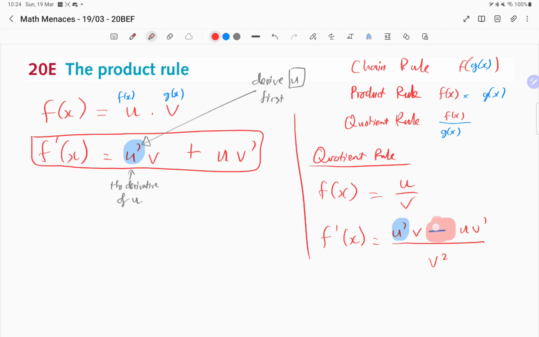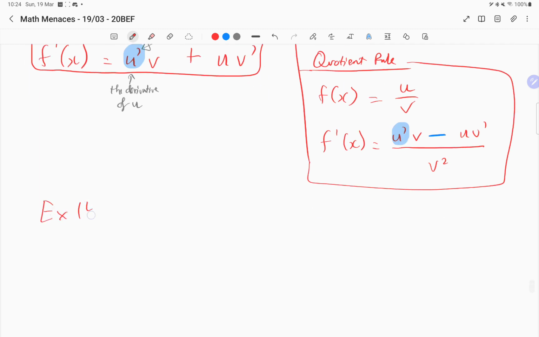Quotient rule is a minus. And then you also have to divide by v squared. Okay? All right? So that's the difference between product and quotient rule. So this is specifically for the quotient rule. We will do that in the next chapter, but for now we'll practice on the product rule first. Okay, I will use an example of number 14.